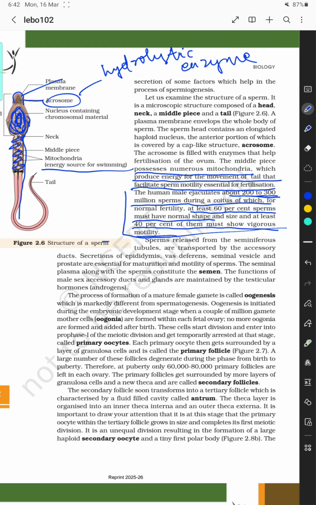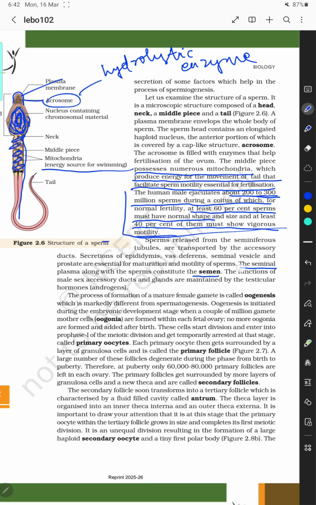Now the fluid that contains the sperm that is released during the coitus is known as semen. What is the difference between semen and seminal plasma? Seminal plasma is the fluid released from the seminal vesicle, which is rich in fructose, calcium and certain enzymes.